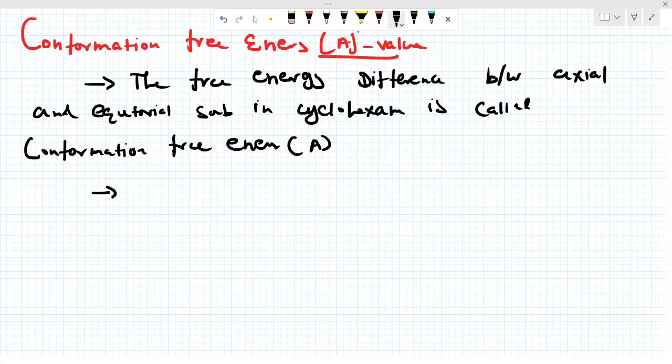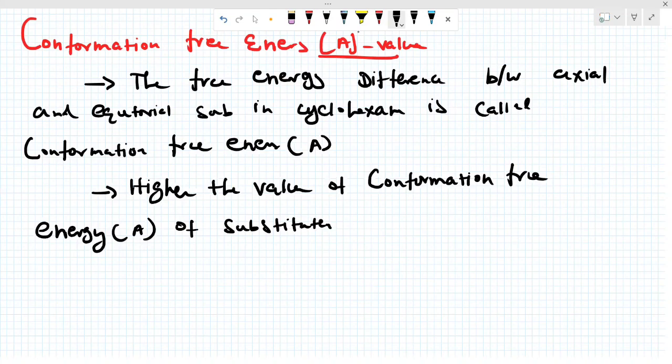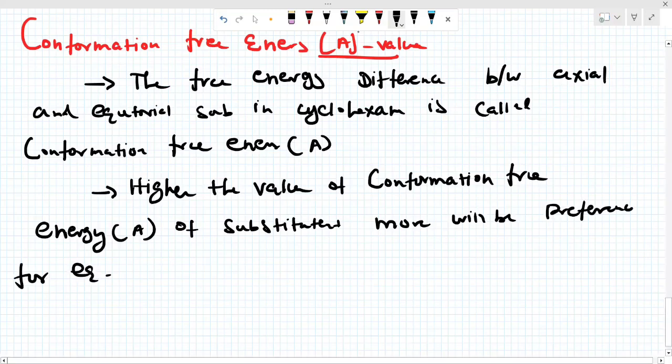Very important. The higher the value of conformational free energy of the substituent, the more will be the preference for the equatorial position.